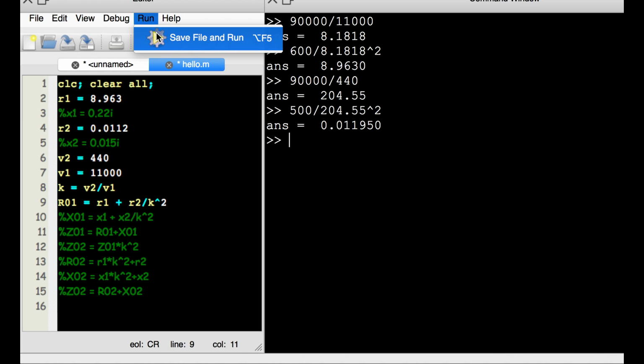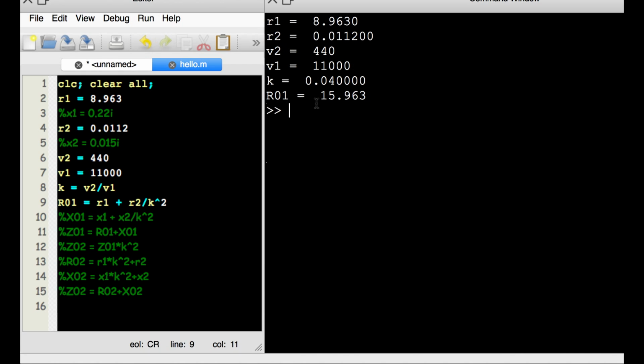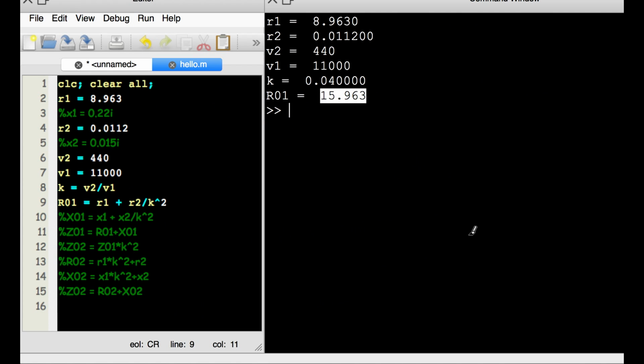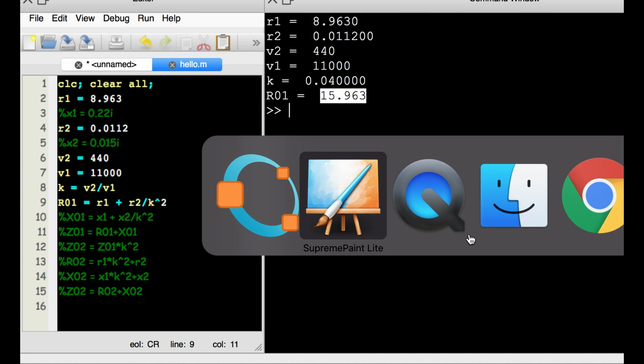Let me run it and see. So R01 is 15.963 ohms. If I subtract these two, 15 minus 8 is 7, so I think this term is 7 exactly. Okay, whatever. Let's continue.